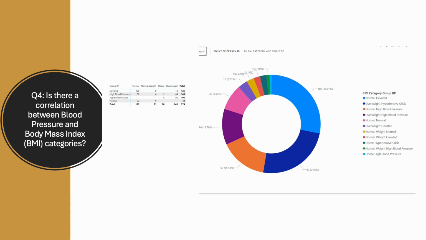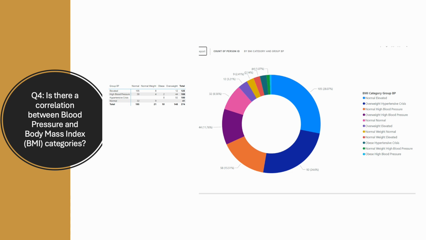And from the donut chart, we can see that 24.6% of individuals were overweight and suffering from hypertensive crisis. 28.07% of individuals from the normal category were having elevated blood pressure. 15.51% of individuals from the normal category were having high blood pressure. 11.76% from the overweight category were having high blood pressure, and 0% in the overweight category were having normal blood pressure, which implies from this analysis that being overweight kind of guarantees higher blood pressure levels.